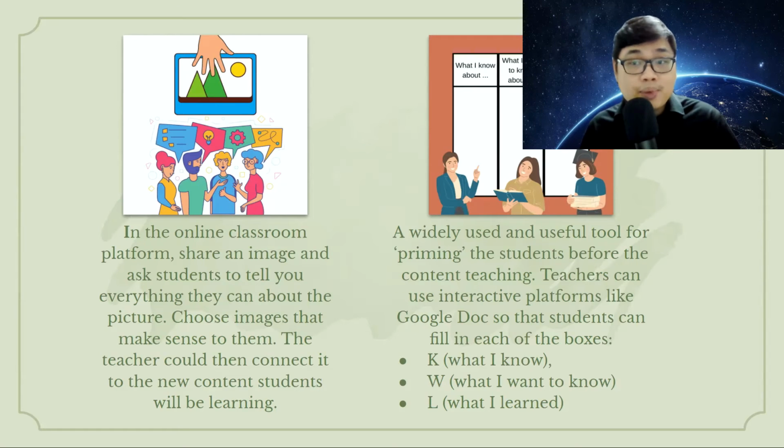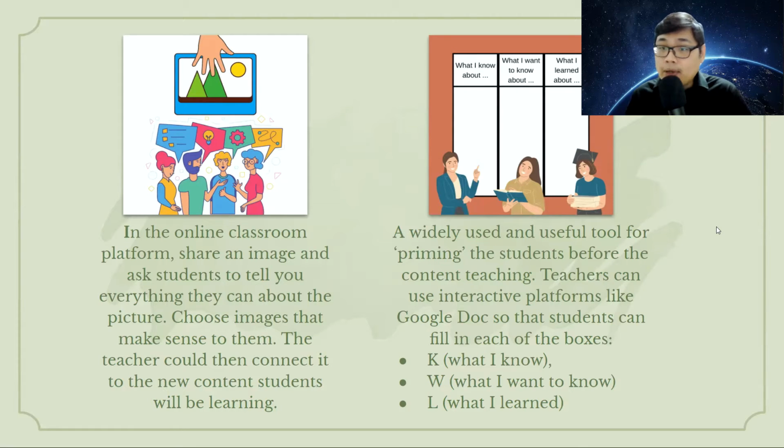So for image brainstorming, in the online classroom platform, whether you use WebEx or Zoom or Google Meet, share an image and ask your students to tell you everything they can about the picture. Choose images that make sense to them. The teacher could then connect it to the new content that the students will be learning.